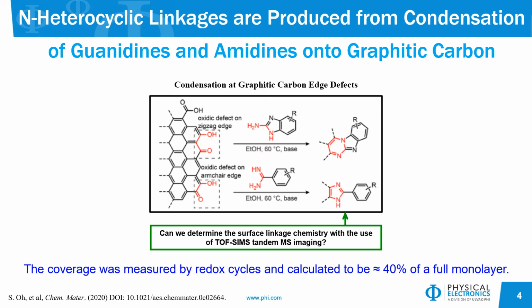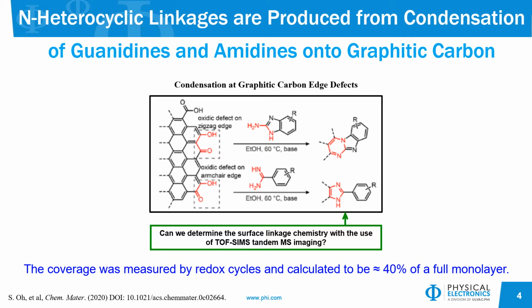The application that we're going to take a look at today is the condensation reaction of guanidine and amidine molecules onto a graphitic carbon surface. As we see here in this graphic, the surface that we're condensing the small molecules onto is graphitic carbon, and at the edge defects, there are oxygen and hydroxyl moieties.